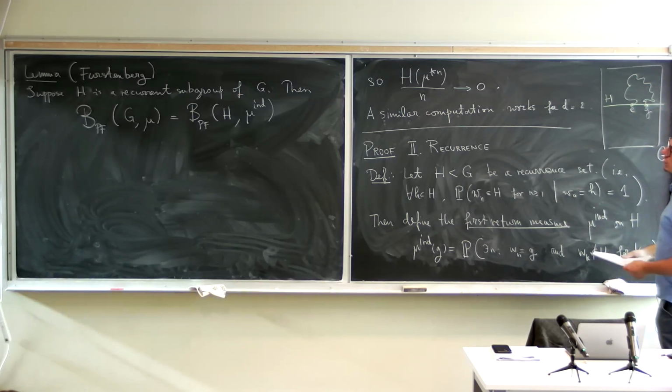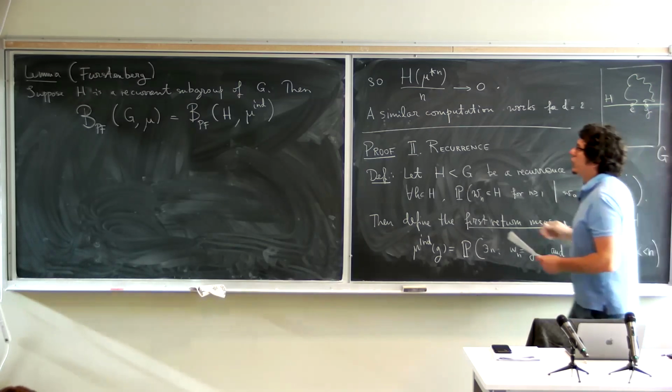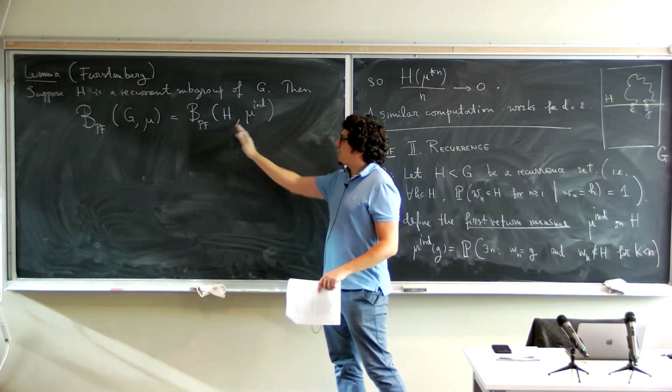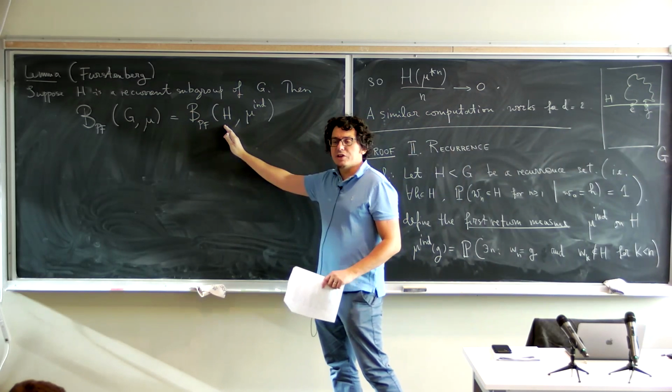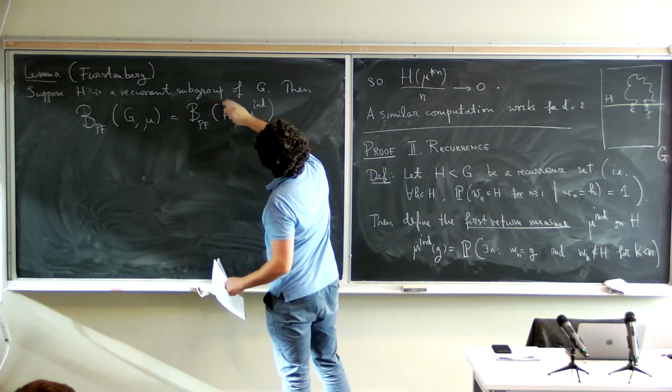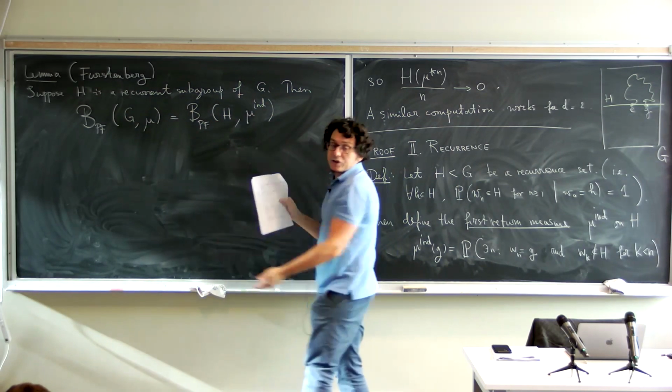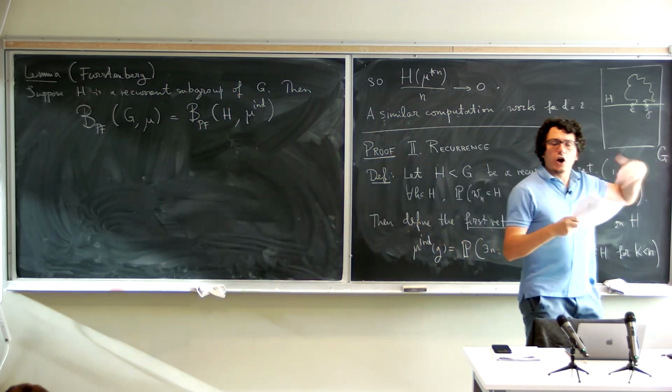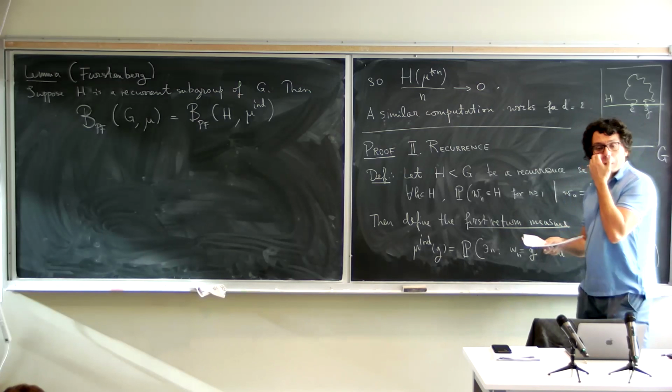Basically, you can take limits just on a subset of the possible times, by looking at the times where you return to H, because you're going to return to H infinitely often, almost surely.